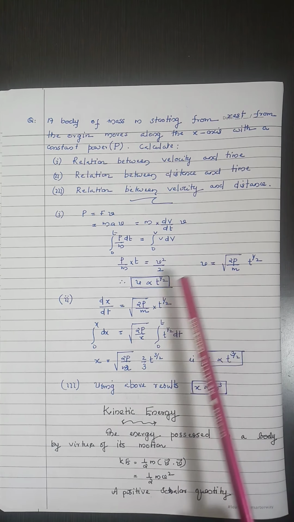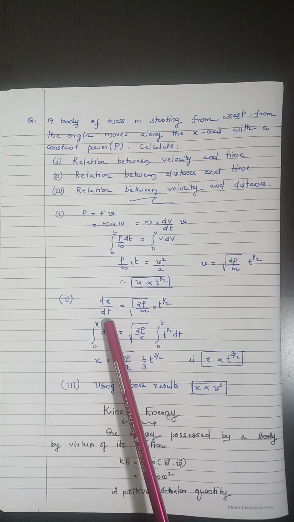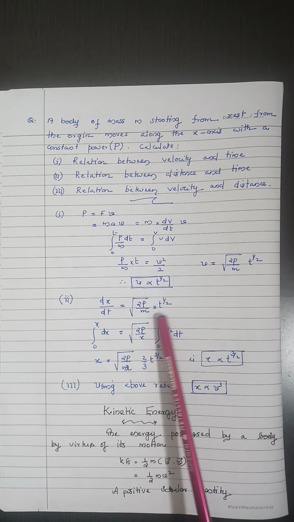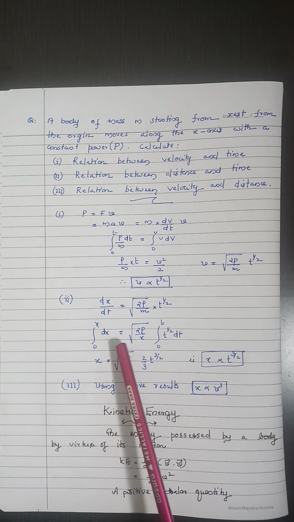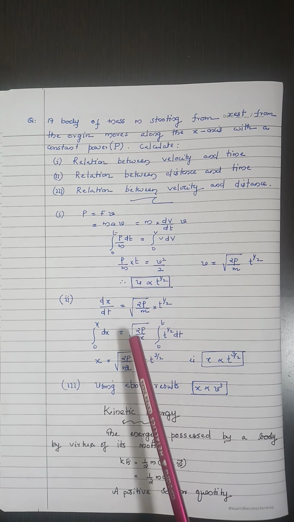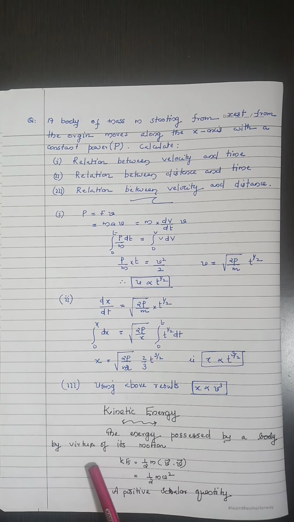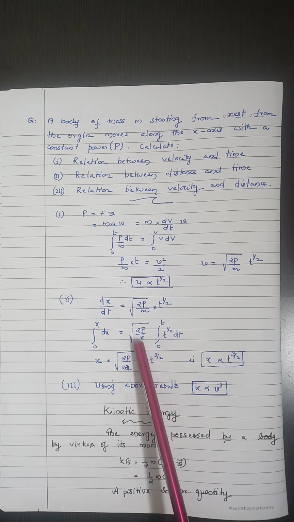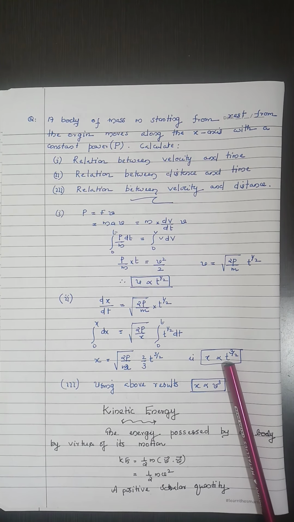From that relation, if you just write v as dx by dt equal to root of 2P by m into t raised to half, you can integrate again. So here integral dx is equal to root of 2P by m into integral t raised to half dt. So after integration, you get x is proportional to t raised to 3 by 2.